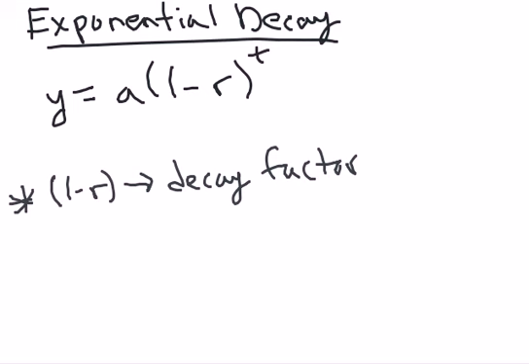So let's just do a quick example involving this. So here's the example. The rate at which caffeine is eliminated from the bloodstream of an adult is about 15% per hour.